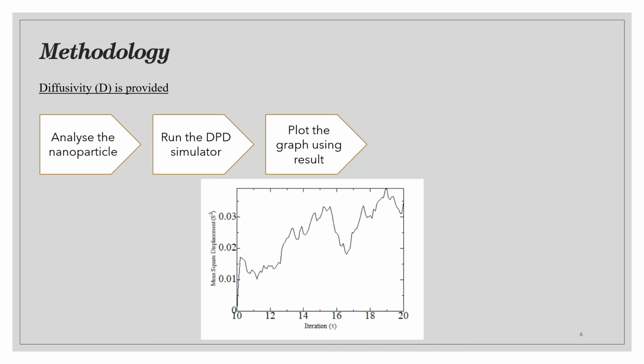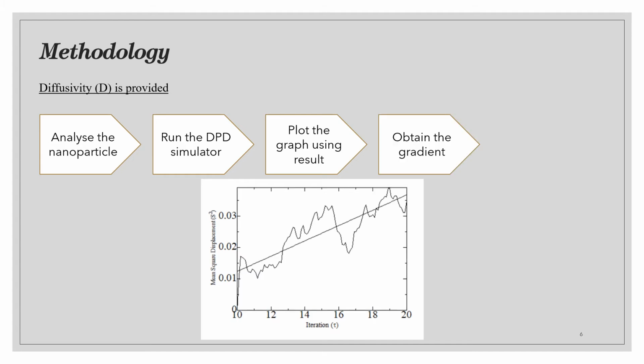The graph plotted is not from 0 iteration because the iteration from 0 to 100,000 is just for the nanoparticle to warm up in the simulation, which does not include any value. Thus, to prevent it from affecting the gradient obtained by drawing the best fit line, the graph is plotted with iterations 100,000 to 200,000 only. Last, compare the diffusivity result with the simulated result.